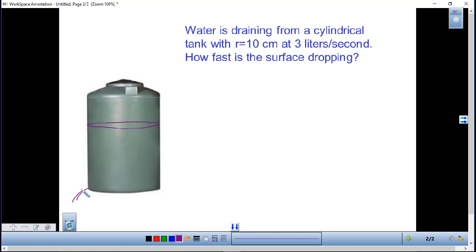Water is coming out in some way. Yes, it's purple water. And when that happens, what's going to happen to the surface level of this liquid? It's going to go down. So that's what we're actually looking for. So we're looking for dh/dt, where h is the height of the liquid.